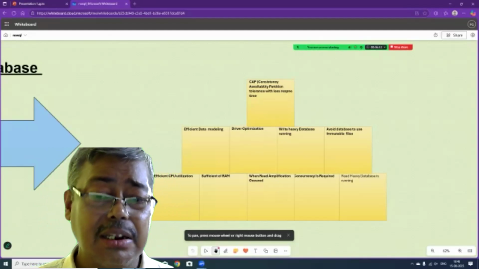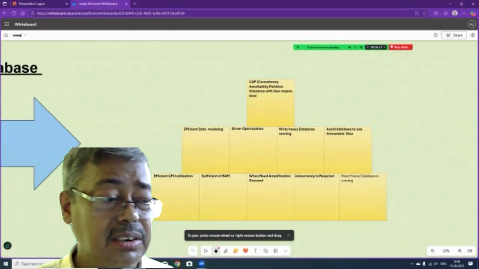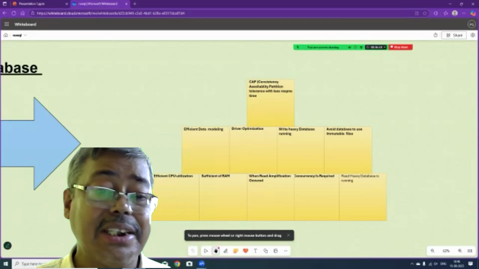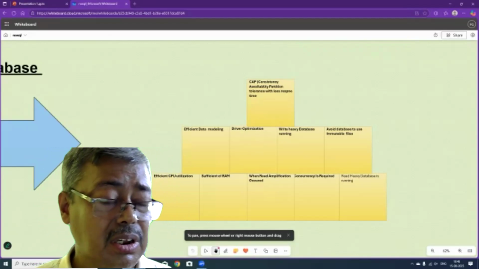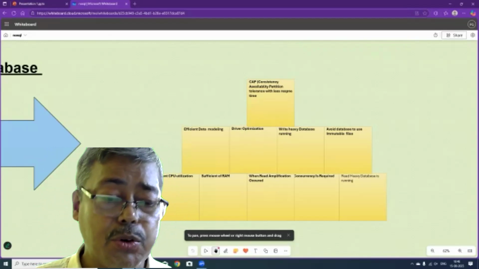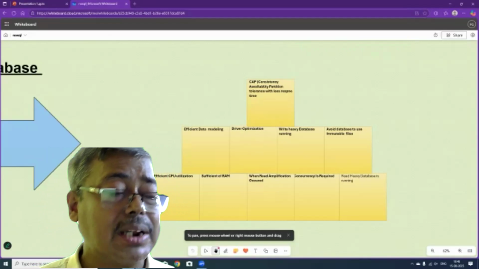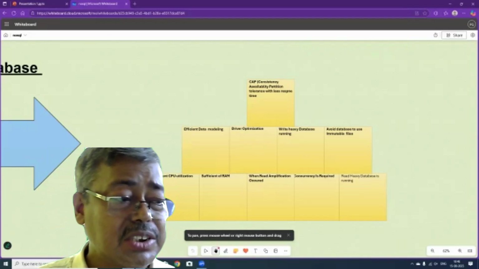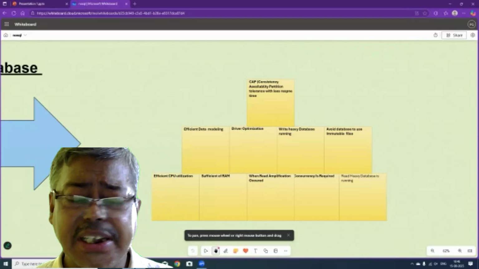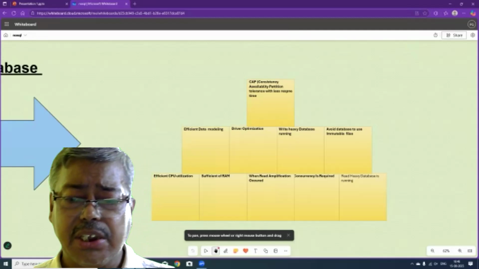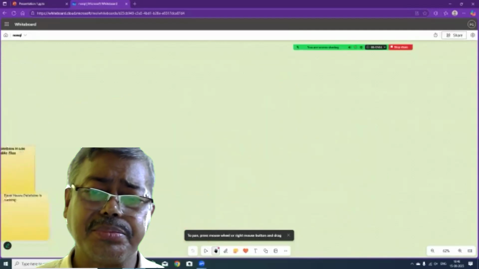Another problem is the efficiency of CPU utilization. CPU utilization depends not only on the data choice and data types, but mostly on the internal system of the CPU. Sufficient RAM is required for the database to speed up our database system.